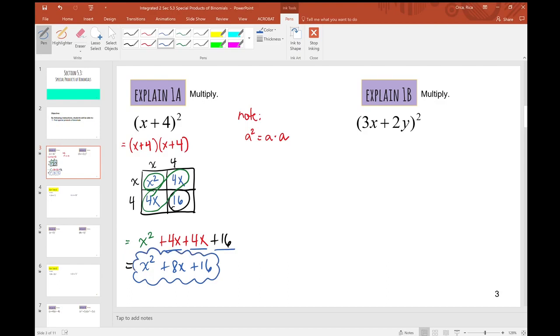Let's move on to explain 1b. In explain 1b, we want to multiply (3x + 2y) squared. Step number 1, go ahead and expand this to (3x + 2y) times (3x + 2y).